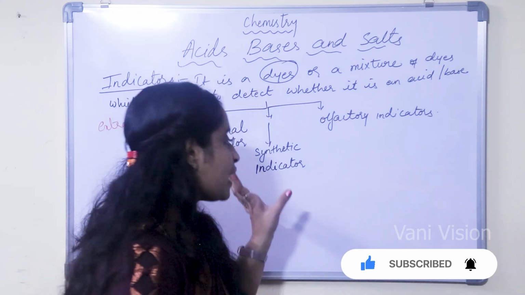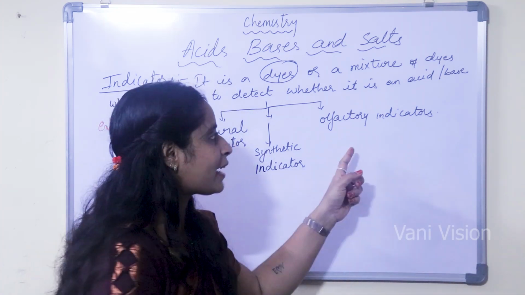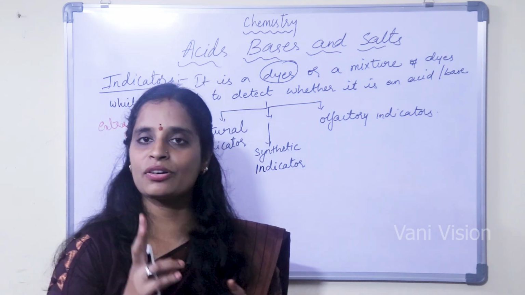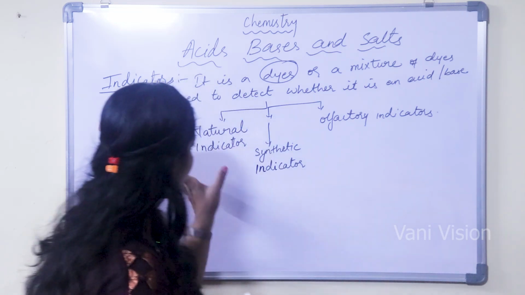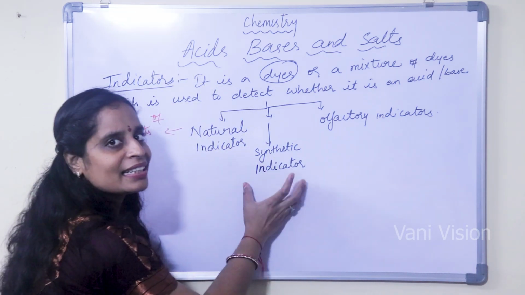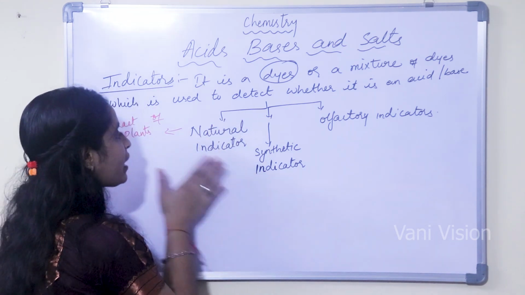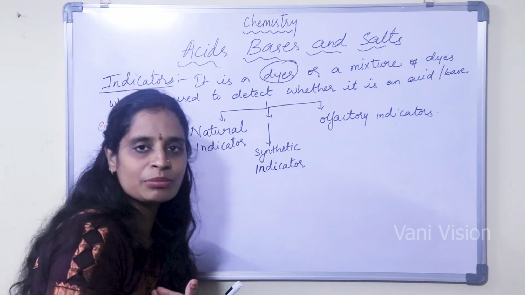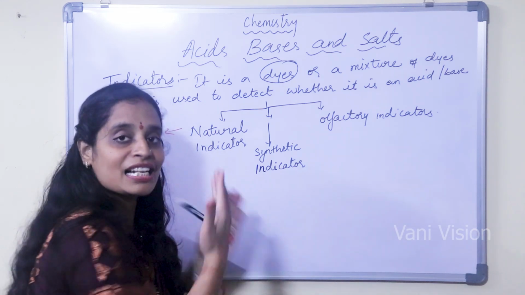Now today we are going to discuss synthetic indicators and olfactory indicators. Under synthetic indicators, we are going to discuss two indicators. Before going into that, what is the difference between natural and synthetic indicators? Natural means the extracts made from plants, which are naturally obtained.